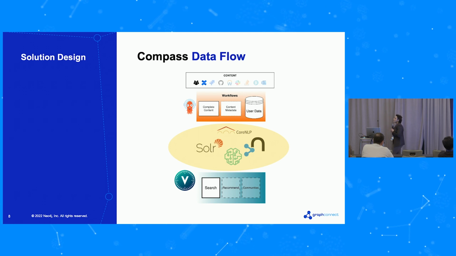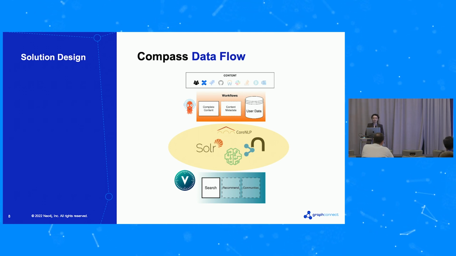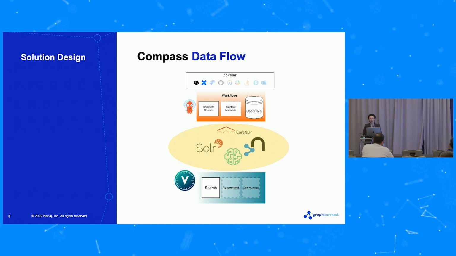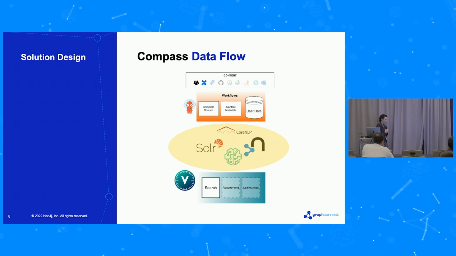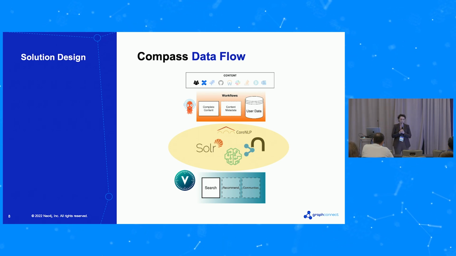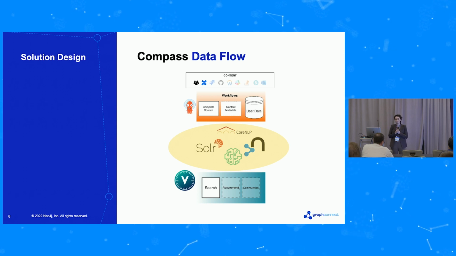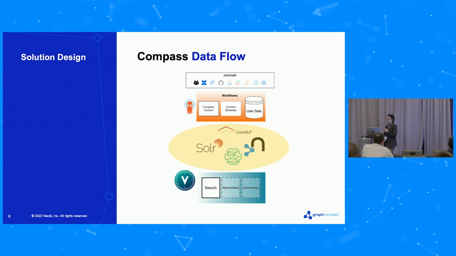And pulling in some of the metadata into Neo4j allows us to then do super cool things like build machine learning around our relevancy, because relevancy is a moving target. The content landscape is constantly changing. The relevancy landscape is constantly changing.